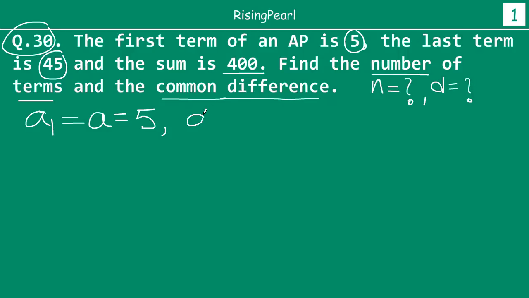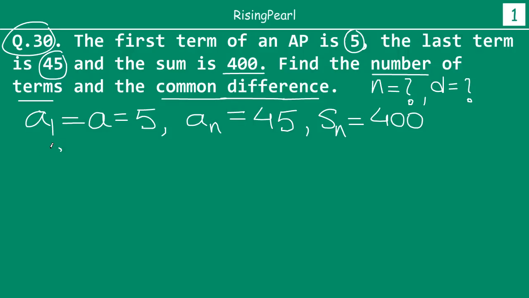So an would be the nth term or the last term. Now that is given as 45. Alright. So we have been given the first term and the last term, the nth term, and also what has been given is the sum of the first n terms, which is equal to 400.